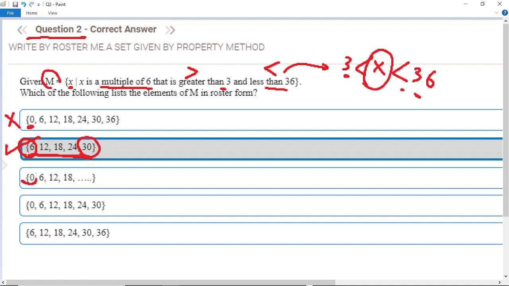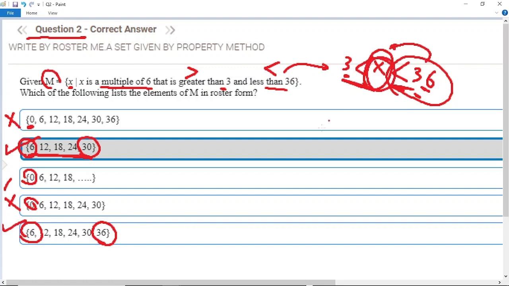Third one, fourth one, start with the zeros, so wrong answers. And this one starts with 6, which validates the first condition that it's greater than 3, but 36 is inside the set, and here it's less than 36, that means 36 is not related to the numbers inside x, which is the wrong answer.